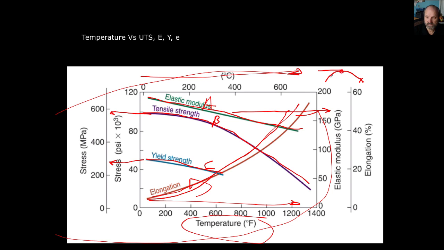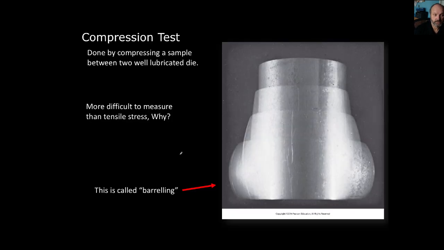Okay, where it starts to yield is where it goes from being a straight line to not being a straight line. That's going to be less. So the yield strength is lower than the tensile strength. So I want you to study this graphic and really understand it. Okay, I could see this on an exam.